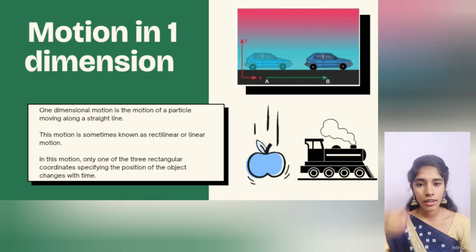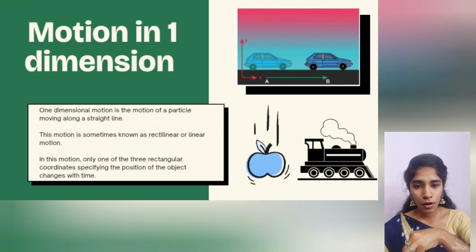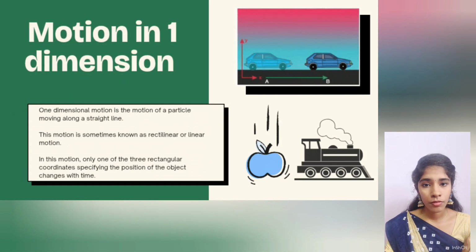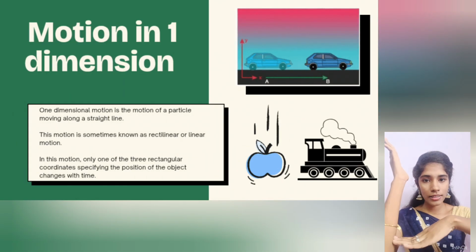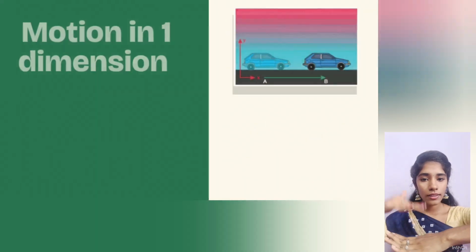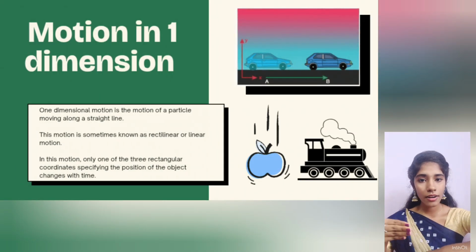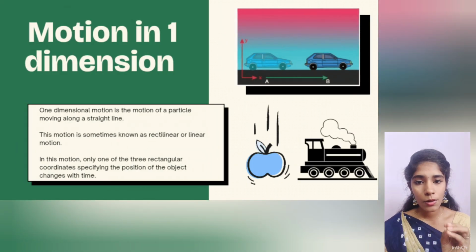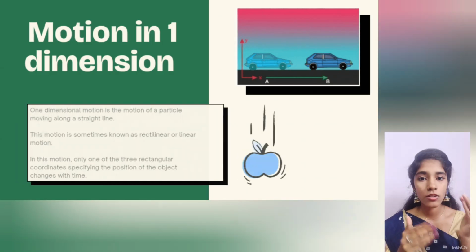So, the car is in motion and it travels from here to here. So the x alone is changing. The y didn't change. You keep it as xy. So the x alone is changing because the car is moving in a straight direction. So in this we'll be considering the x coordinate that changes with time.